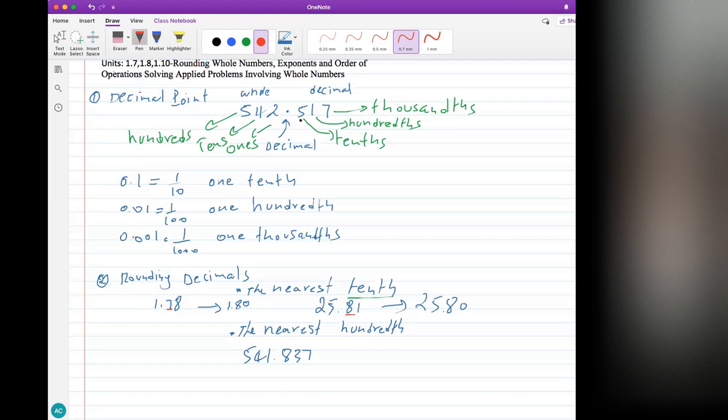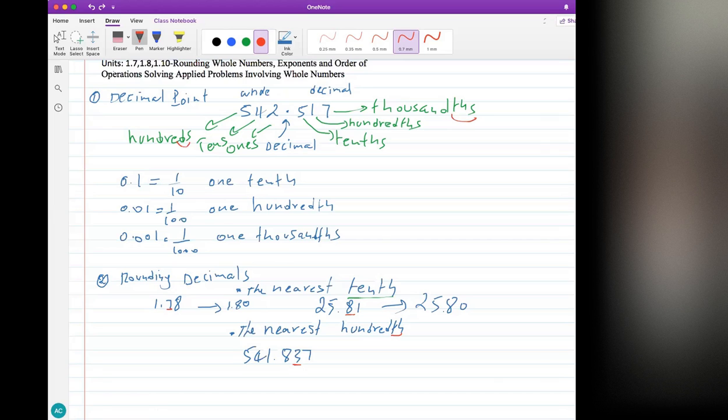These are regular hundreds, as we saw last time with the whole numbers. So they may sound the same, but be careful with the writing or the spelling of the decimal place.